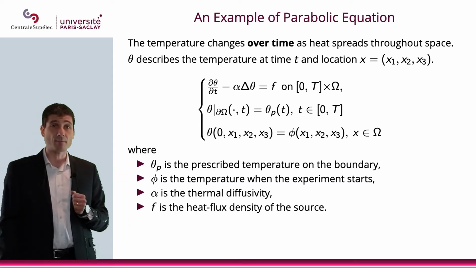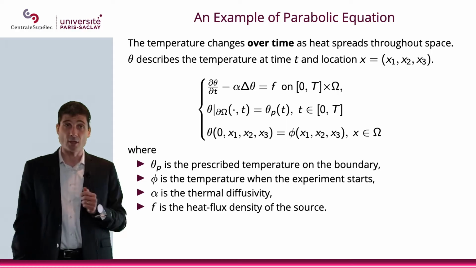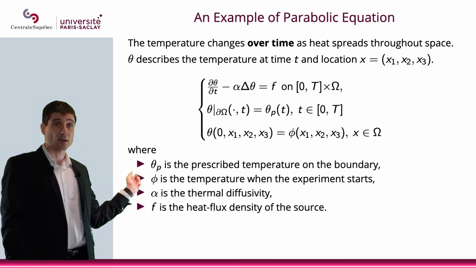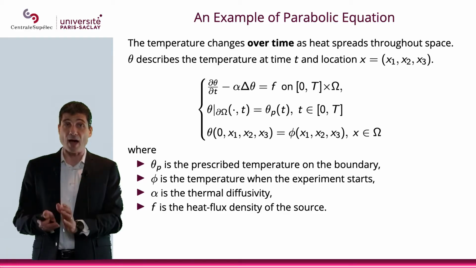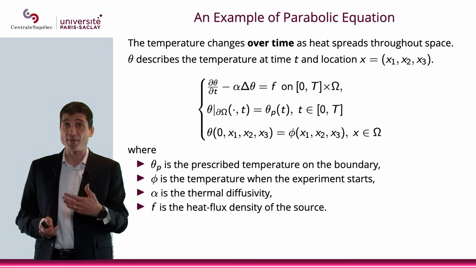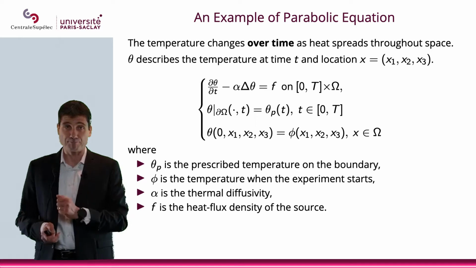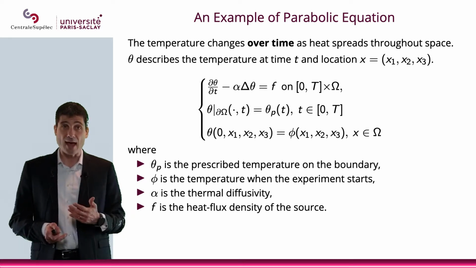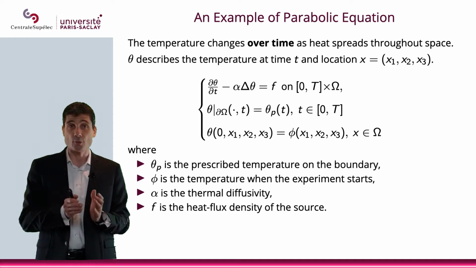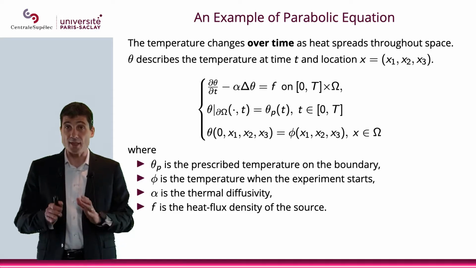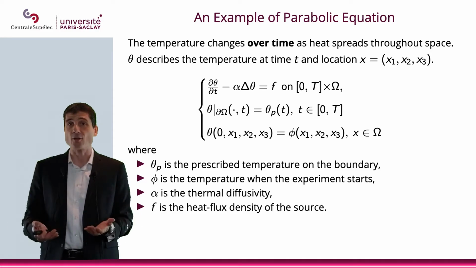I have some Dirichlet boundary condition. That is the second equation right here, which is theta on the boundary is a prescribed temperature, theta p. And I have some initial condition, which means that when t is equal to 0, the temperature is known everywhere in the reactor.